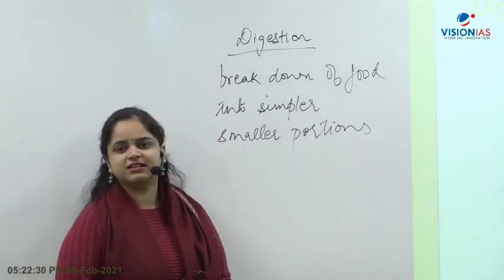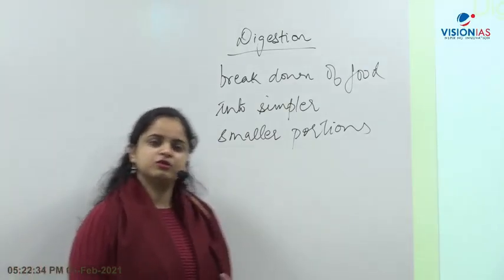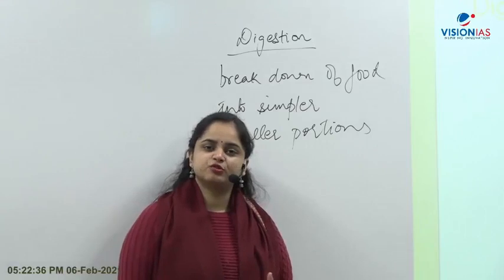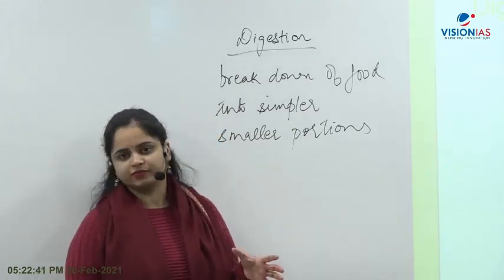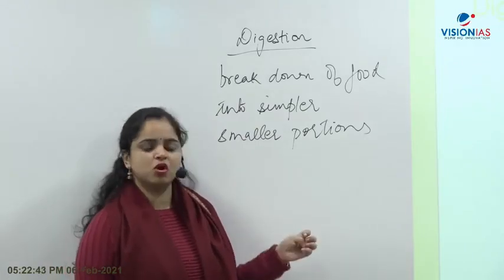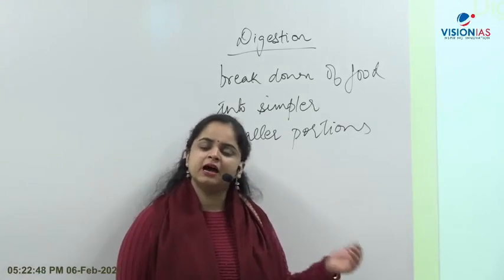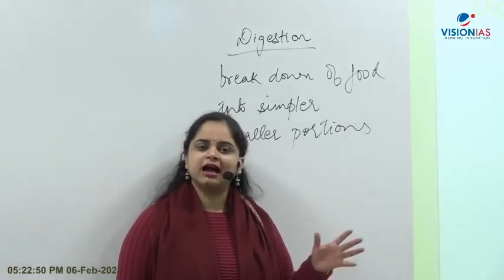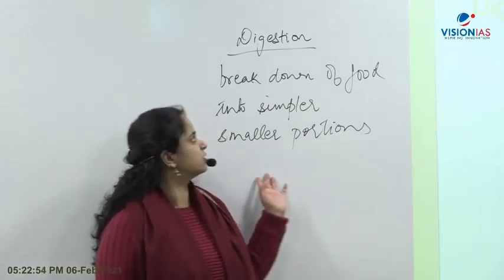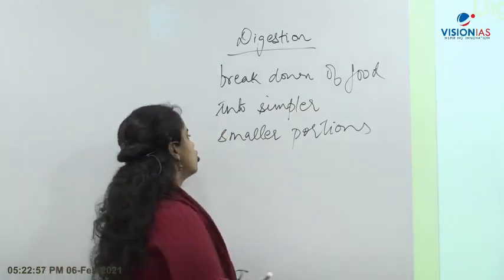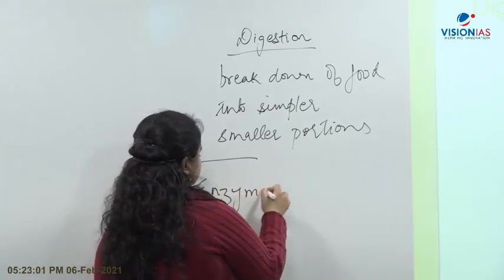Digestion is basically the breakdown of food into simpler, smaller portions. You have food with all its different nutrients coming into the body, but that has to be broken down into smaller, simpler particles which can then be absorbed, taken into the blood and utilized in different parts of the body. This is the purpose of digestion, and who is helping us in digestion are the enzymes.